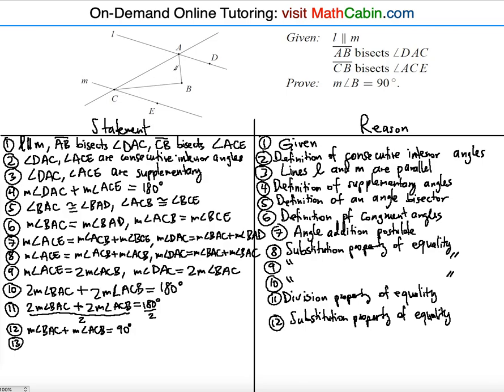So in this triangle, the sum of all interior angles is 180 degrees. So we can say that the measure of ACB plus measure of BAC plus measure of angle B is equal to 180 degrees, because the sum of the interior angles in the triangle is 180 degrees.